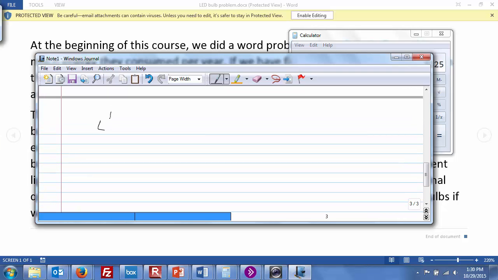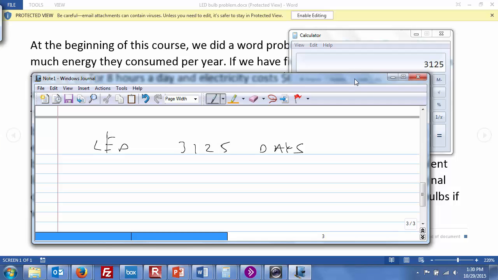So now I can take those numbers. I know the difference between my two prices is 24 cents per day compared to 4 cents per day. So my savings every day is 20 cents. So I can multiply that 31.25 times 20 cents savings every day.